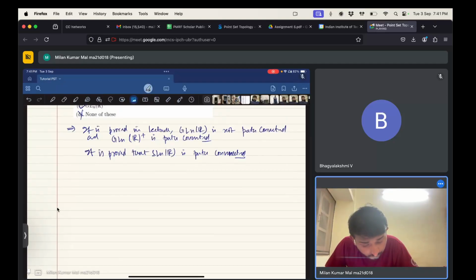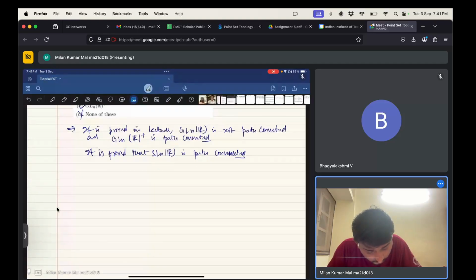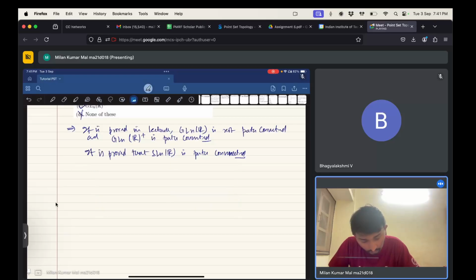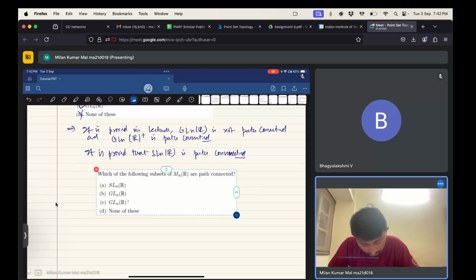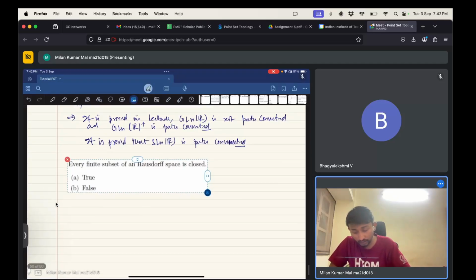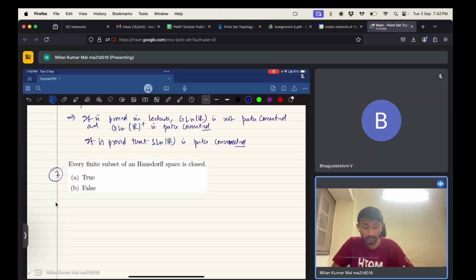Question 3: every finite subset of a Hausdorff space is closed.